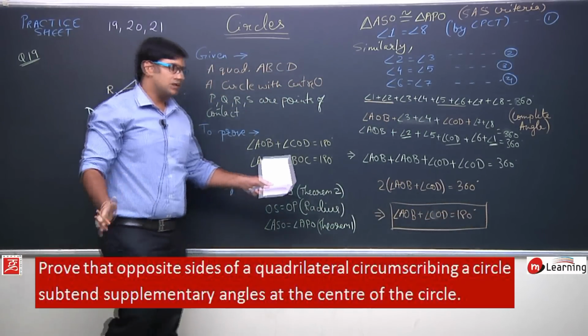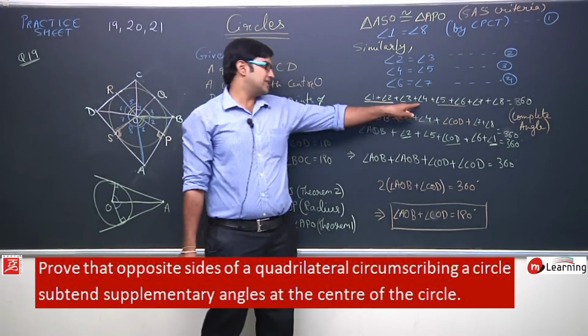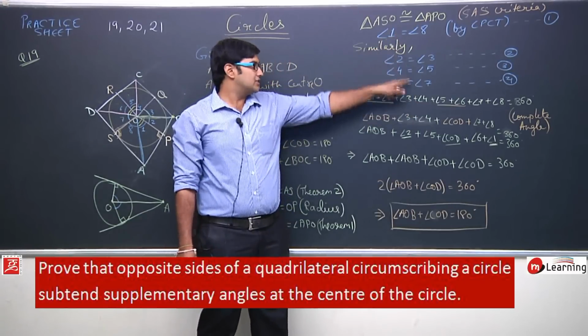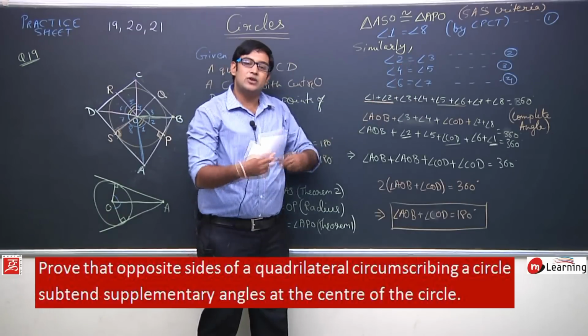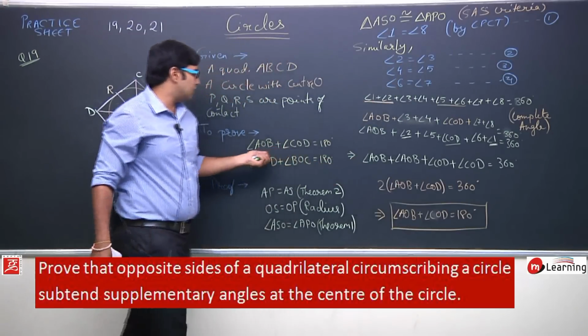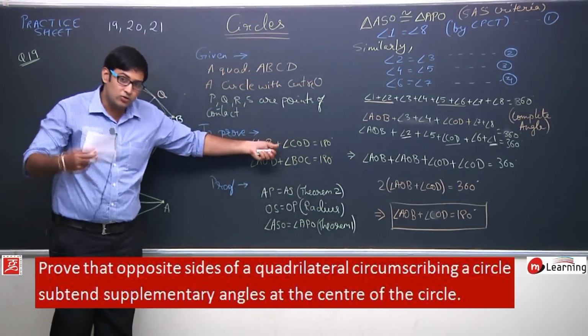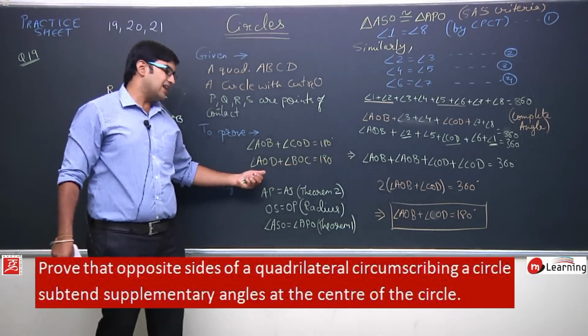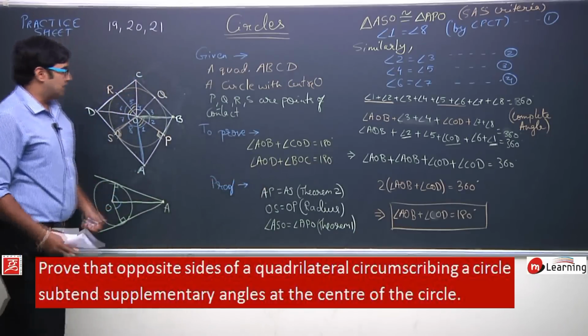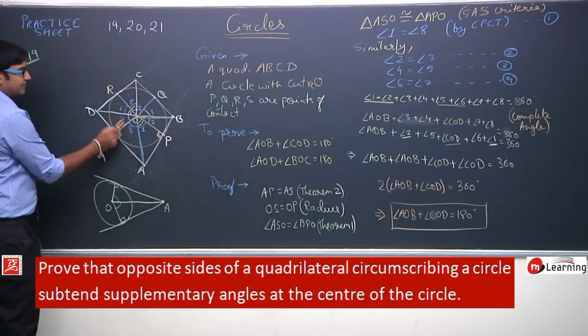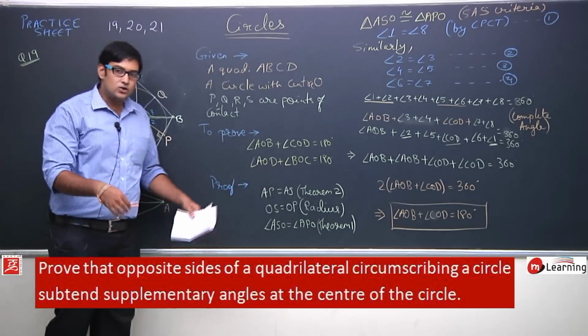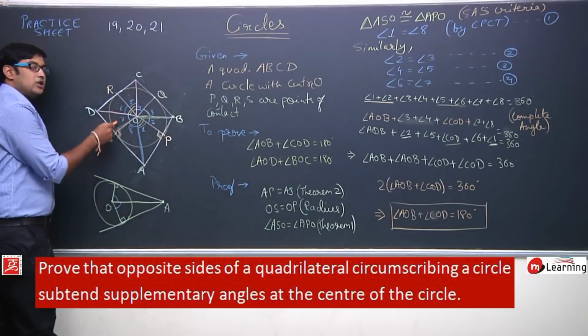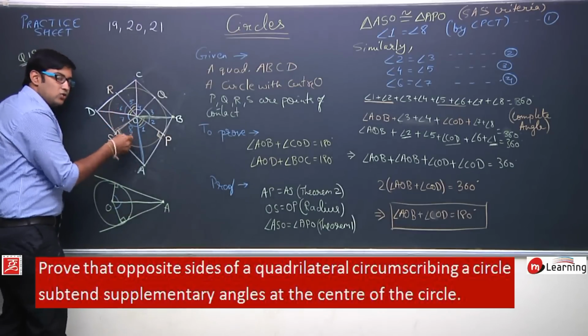So what I have done is just used this equation and these 4 equations and manipulated them in order to get angle AOB and angle COD. Now you can apply a similar approach to deduce angle AOD. What is angle AOD? It is angle 7 and 8. So try to convert angle 6 into angle 7 and angle 1 into angle 8.